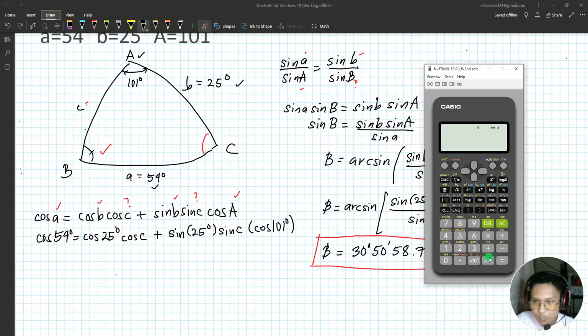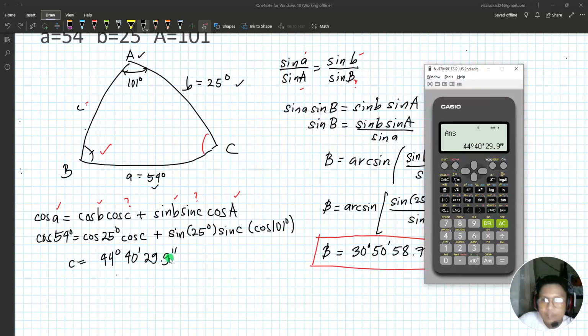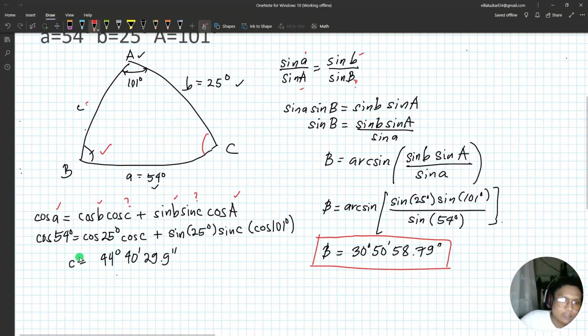Just click answer, then click this button: 44 degrees, 40 minutes, and 29.9 seconds. So C therefore is 44 degrees, 40 minutes, and 29.9 seconds. That's your answer for side C.